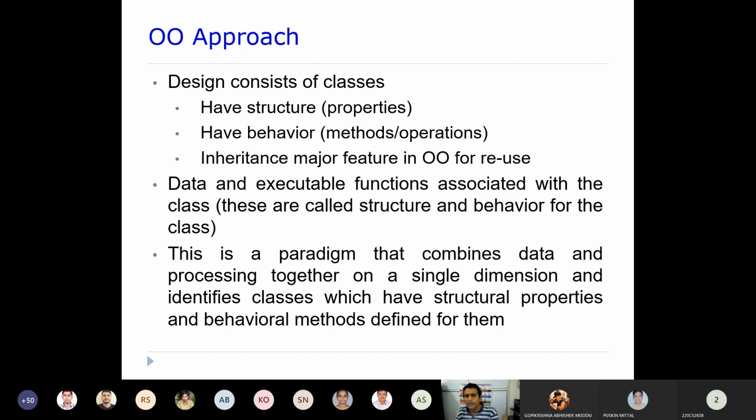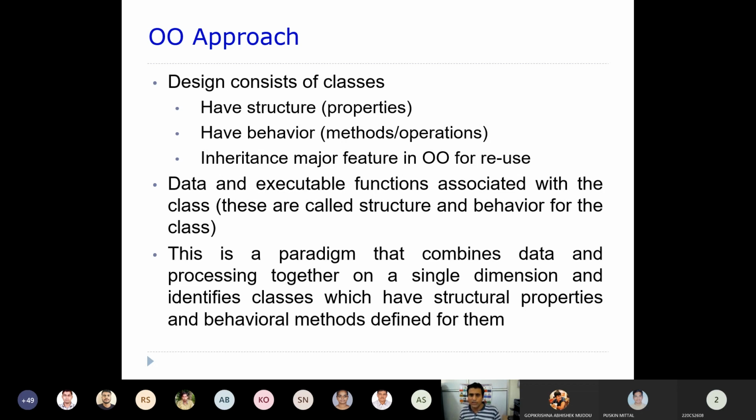Then there are features of object oriented methodologies like inheritance, polymorphism and data abstraction. So, data and executable functions associated with the class.